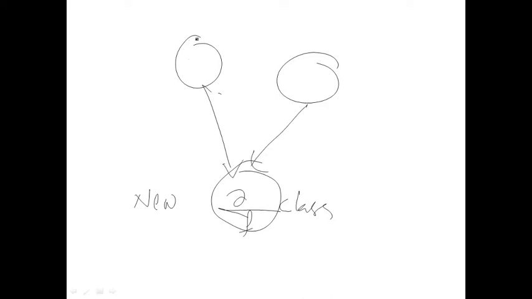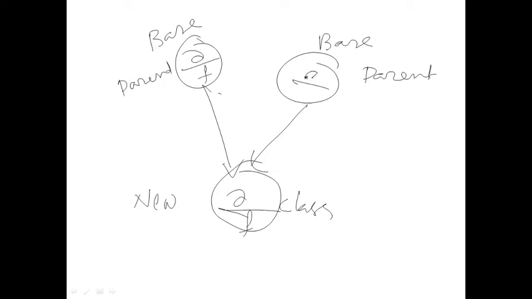These we call the base class, or the parent class, so the properties of the base class will be inherited in the new class, and we will have a new class.